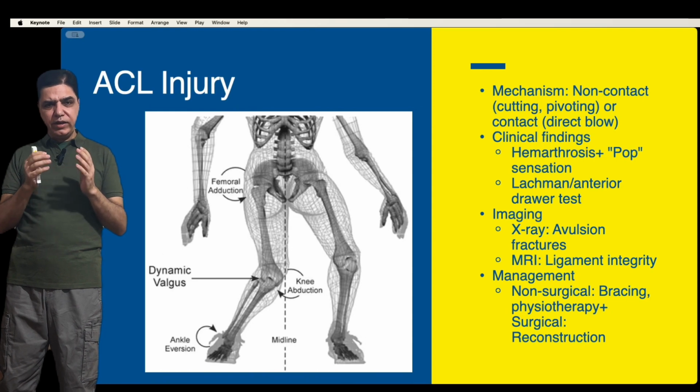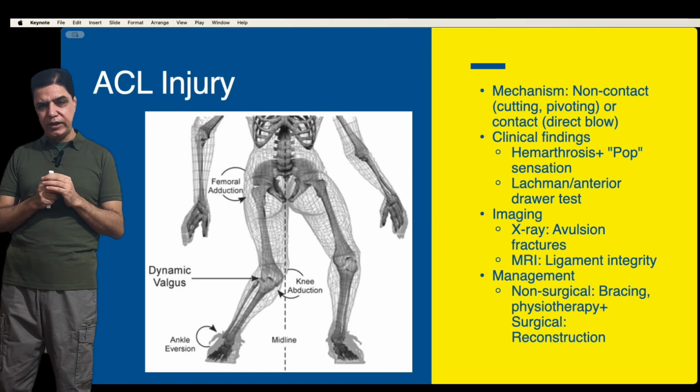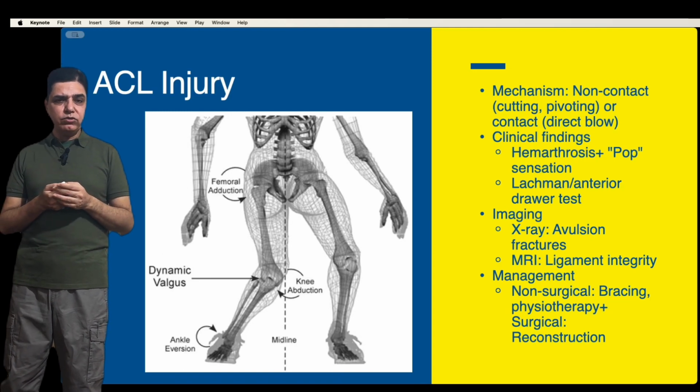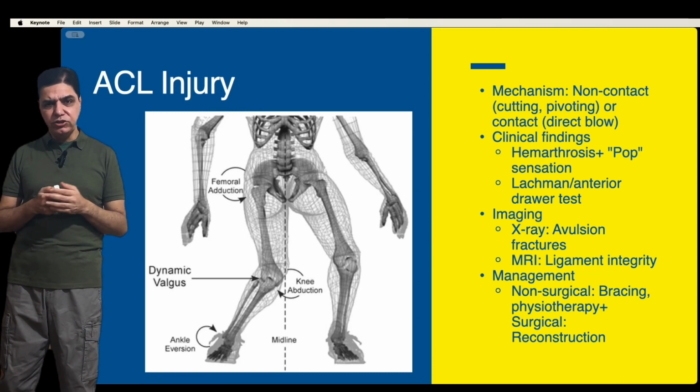So an x-ray is very important to see if there are any fractures associated with the anterior cruciate ligament. If there are, then usually an MRI is also done, because MRI will give you the actual extent of the ligamentous injury as well.